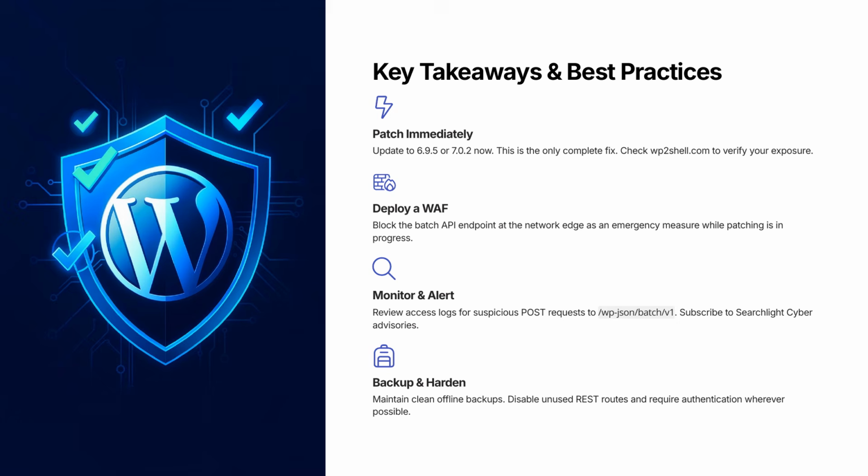You should also monitor and alert on suspicious activity. In particular, review access logs for unusual POST requests to /wp-json/batch/v1 and subscribe to Searchlight Cyber advisories so you can respond quickly to new intelligence.